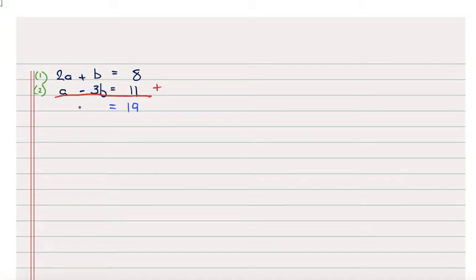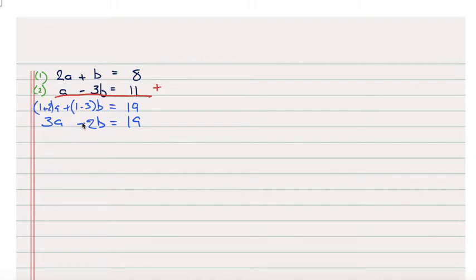B plus minus 3b, so 1 minus 3b, plus 2a. So adding them together, we get 3a minus 2b equals 19.